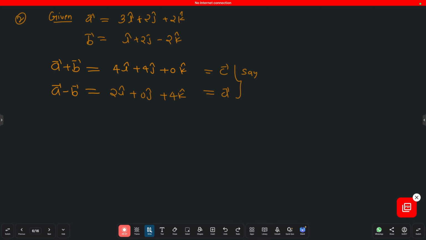Now I need a unit vector which is perpendicular to C vector and D vector.